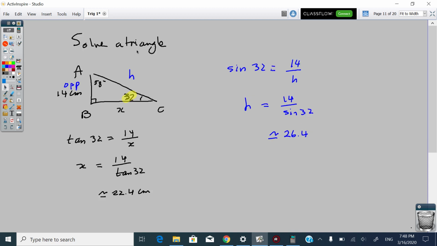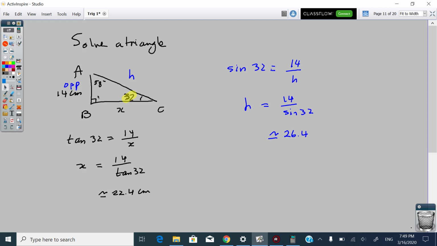Now, this is a new idea of solving a triangle. Let's see what that means. Solving a triangle involves finding unknown sides and unknown angles. If this angle is, let's say, 58, and this side is 14, and this is a right angle, obviously you can work out this angle as 32.